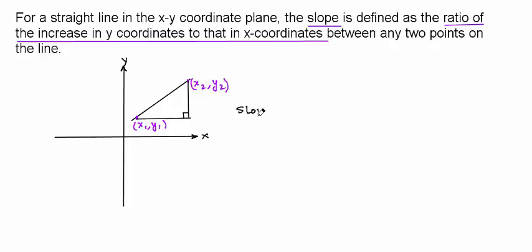The slope is defined as the increase in y, also called the vertical increase, and it's also got a name. It's also called the rise. So it's rising. Increase in y means it's rising.